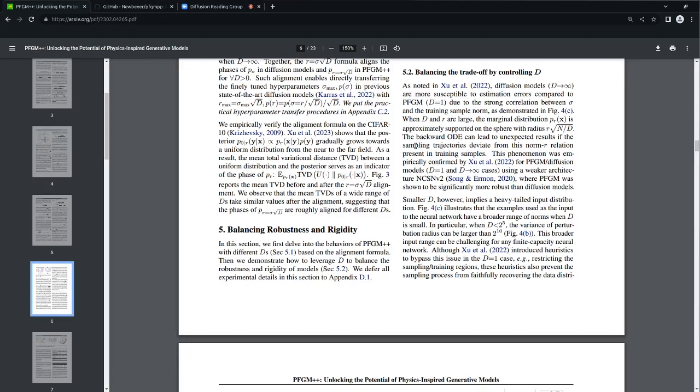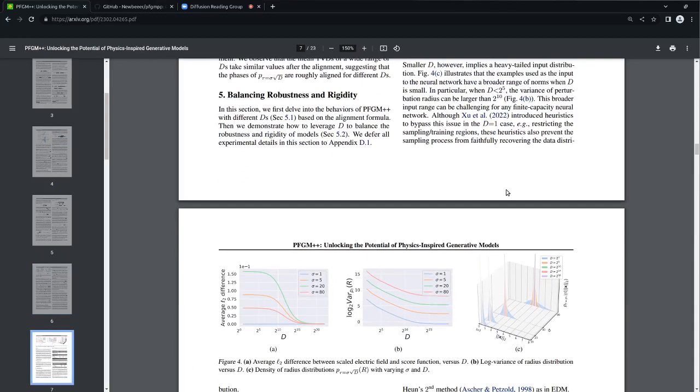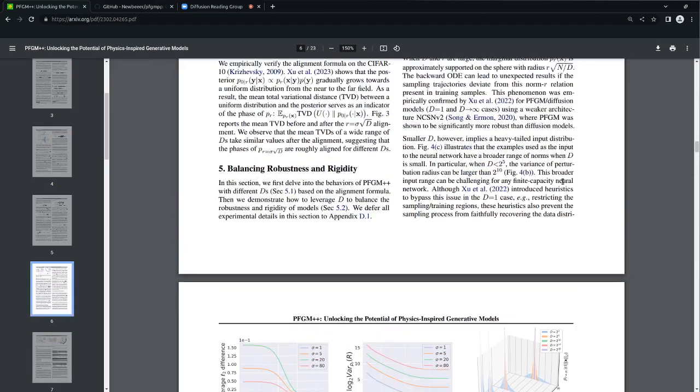They say this can lead to problems, but this part I really haven't understood well. The idea is that when D is high and you perturb your data set, the actual radius of the perturbation gets really concentrated.